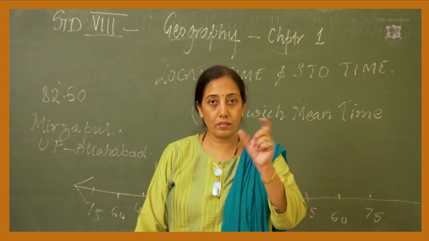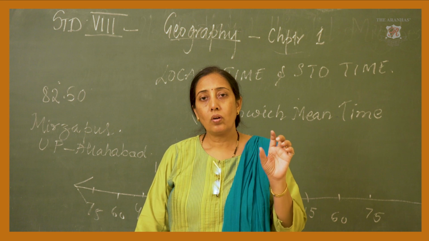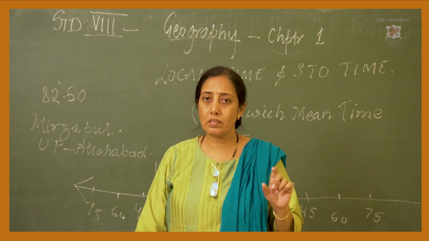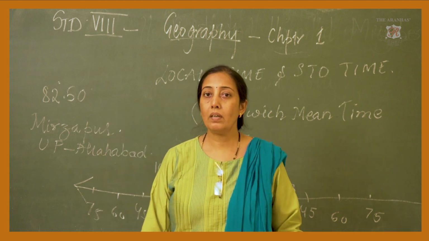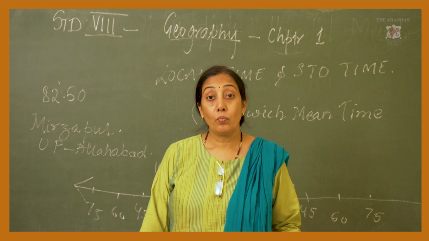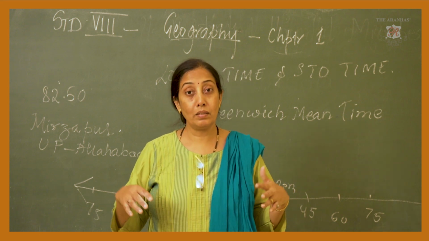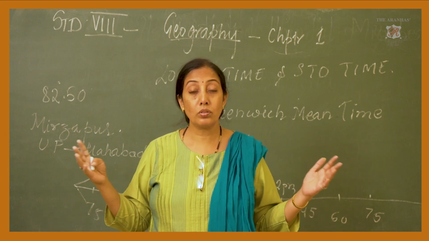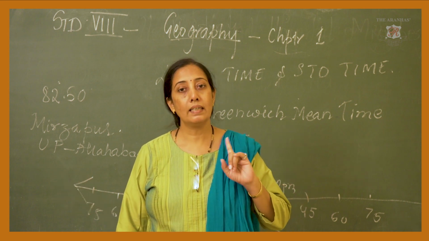When the time difference between two longitudes in a country is not more than 2 hours, 1 to 2 hours difference, then we consider it to be one local time that is to be followed. But when in a country the time difference is more than 2 hours, if the difference between these two longitudes is 3 hours, 4 hours and so on, then you cannot have one local time.